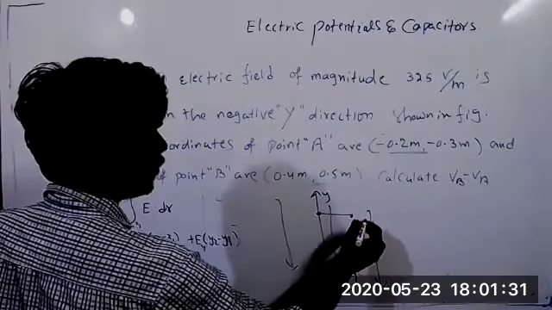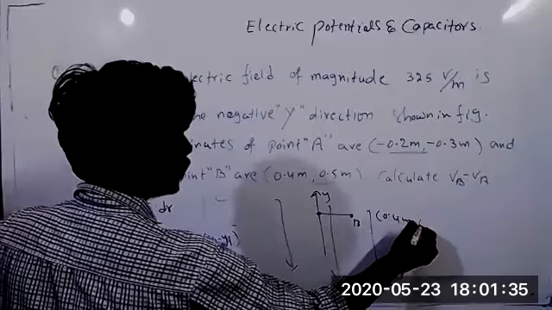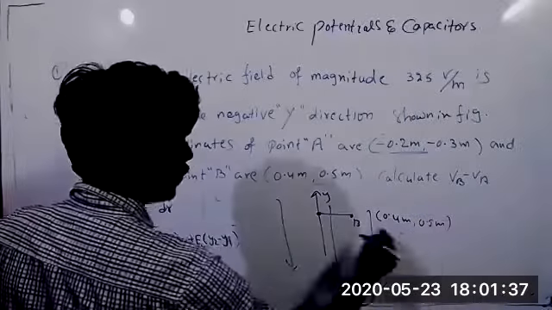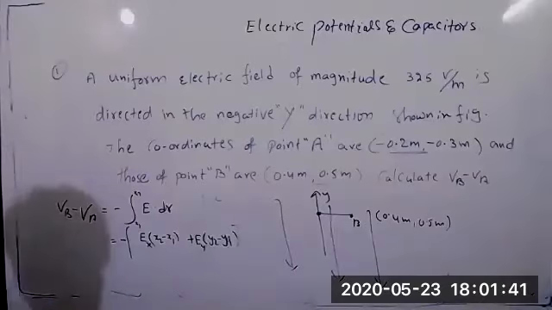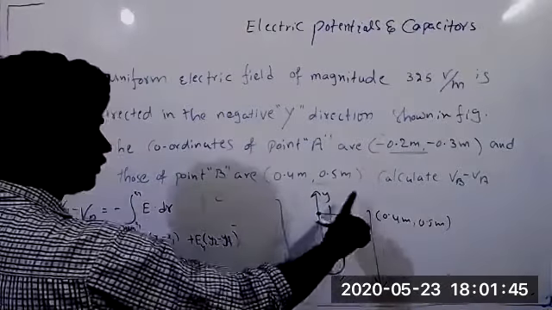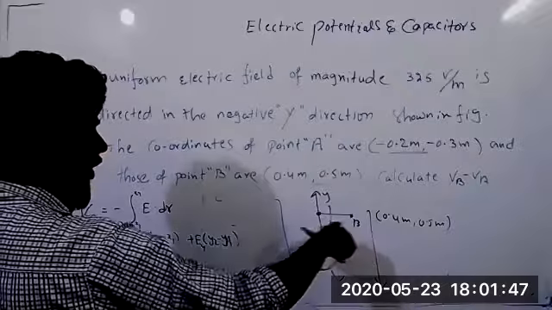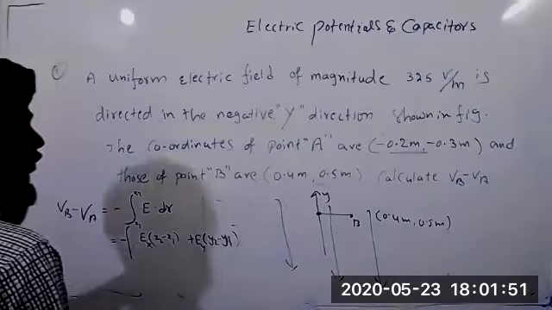Here at the B point they have given 0.4 meter, 0.5 meter, but the point is only at Y, so here there is no need to take 0.5 along the X direction. In the Y direction it is 0.5.